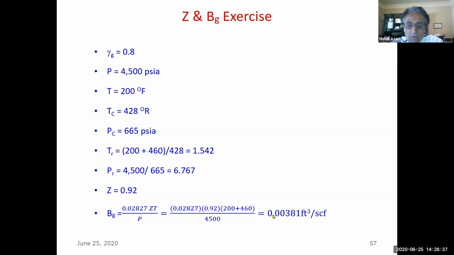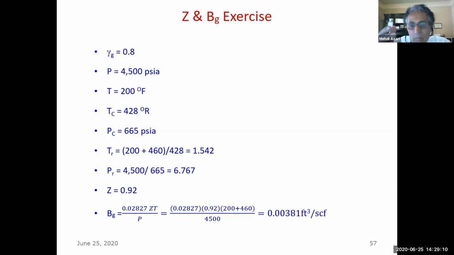Look at this number; it's very small. That means 1 standard cubic foot of this gas in the reservoir is going to have a volume of 0.0038. Reverse it: this is like 4 over 1,000, so 1,000 divided by 4 is 250, correct?